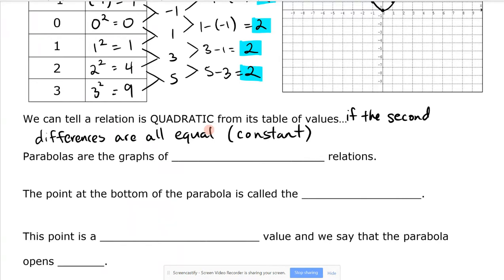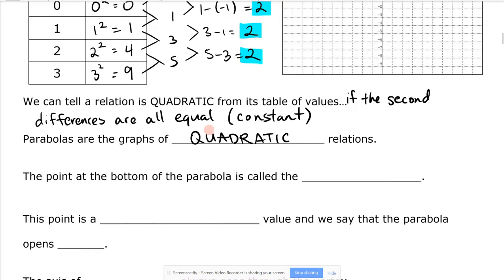Okay, parabolas, so the shape of a parabola, these are the graphs of a quadratic relation. So the kind of branch of mathematics we're talking about is quadratics. They are a type of relations, and the shape of the graph is what we call a parabola.